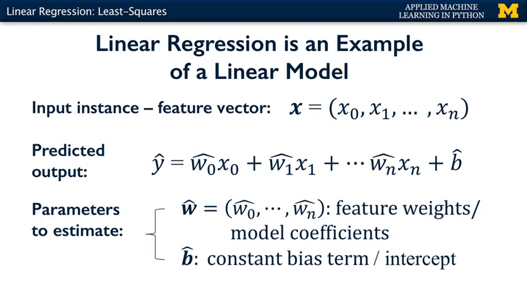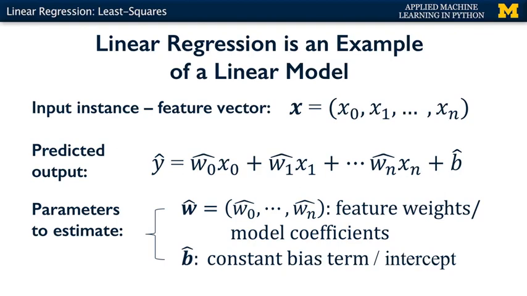I've put a hat over all the quantities here that are estimated during the regression training process. The w hat and b hat values, which we call the trained parameters or coefficients, are estimated from training data, and y hat is estimated from the linear function of input feature values and the trained parameters.